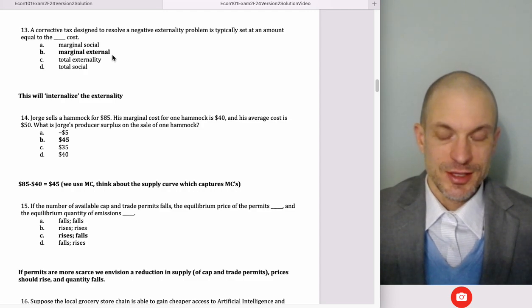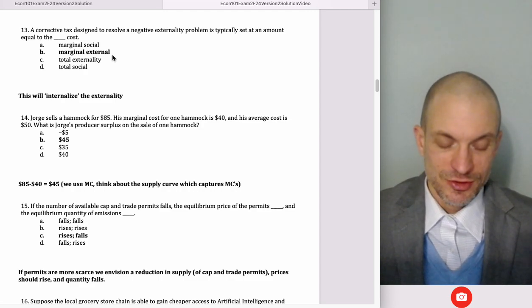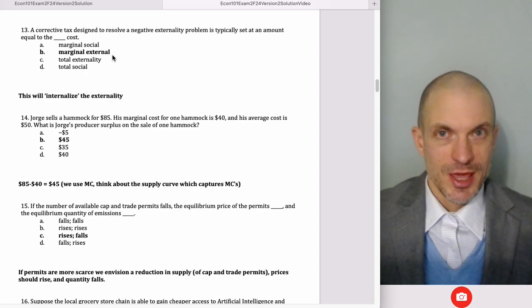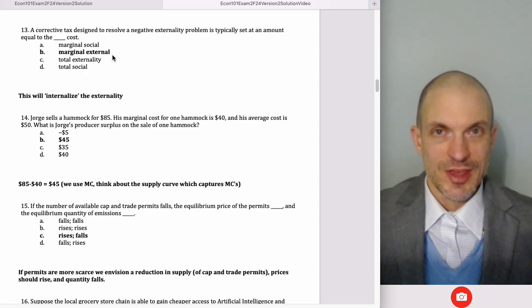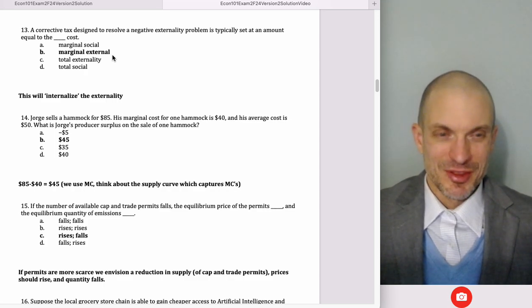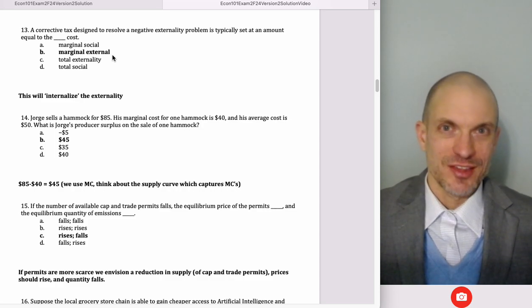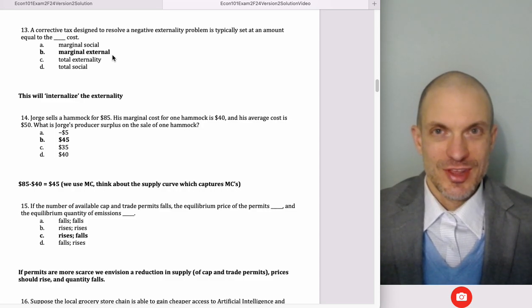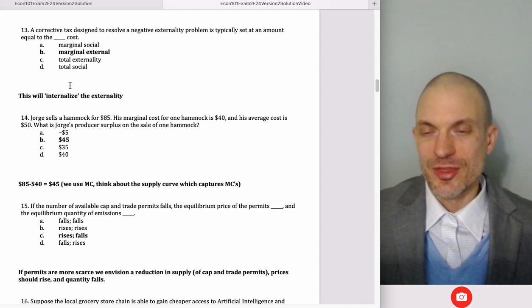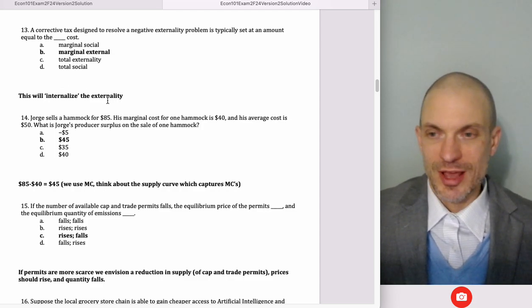So they don't know exactly how large the problem is or how much to reduce their output to reduce the externality. However, if we give them this tax, then they can behave as if they're paying attention to the externality, because the tax will proxy for the external harm. And that's why we say it will internalize the externality.